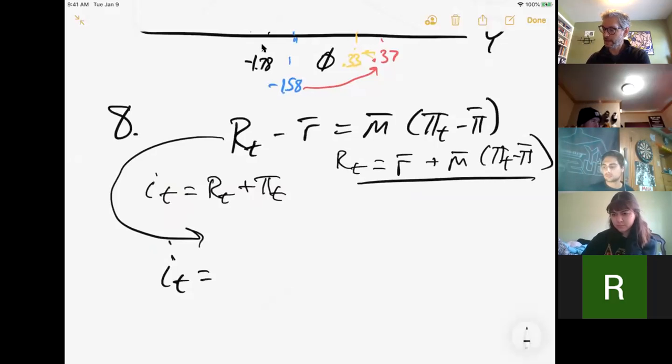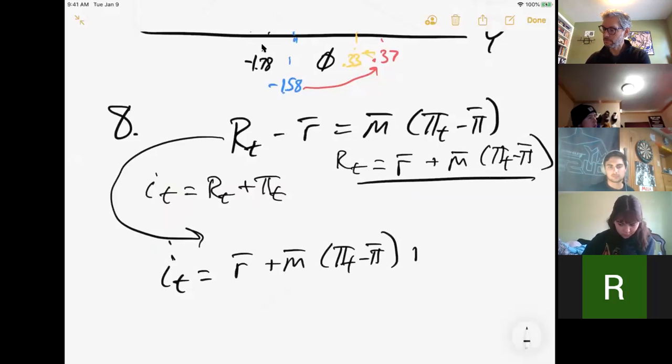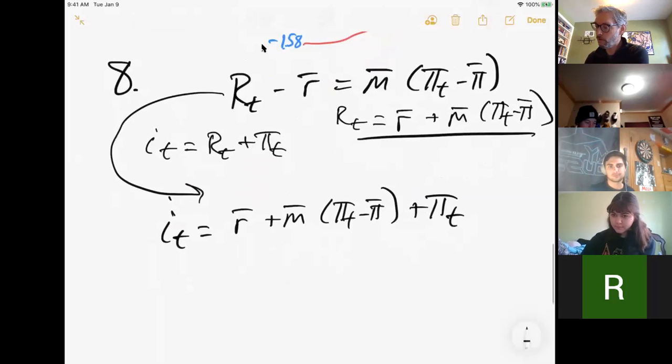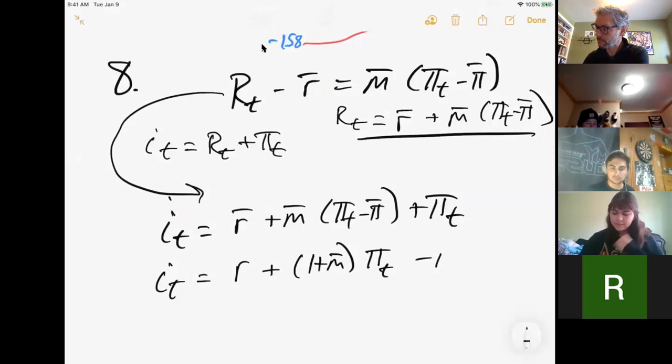Rewriting this, I can rewrite this like this. Or another way I could rewrite it, like this.